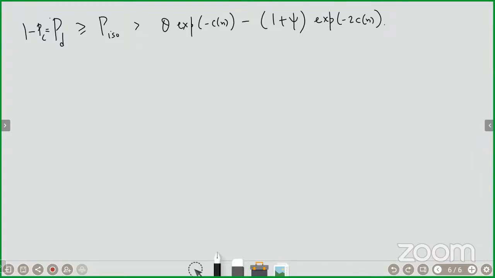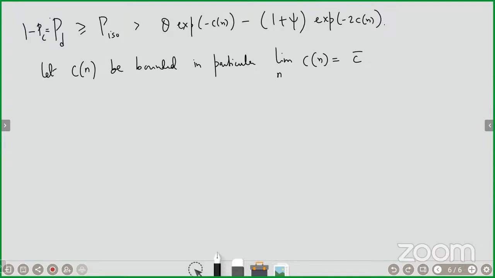Okay. So let c of n be bounded. And in particular, let's say c bar is the limit of c of n. What can I do if I do this?